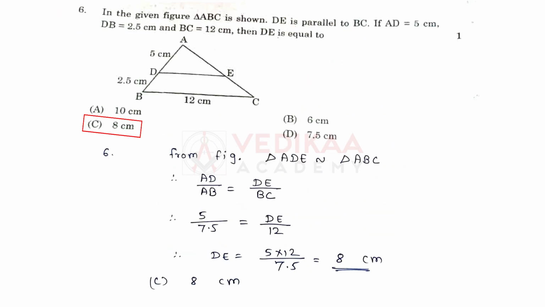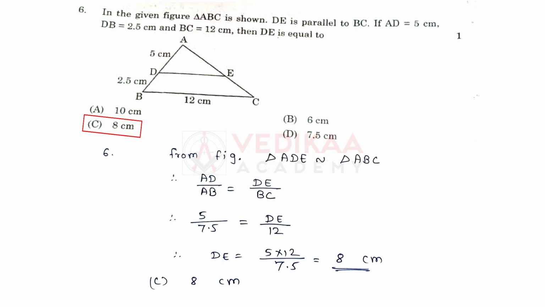Next, question number 6. One figure was given to you, and AD, DB and BC were given. It is required to calculate the length of DE. From the figure, we can easily know that triangle ADE is similar to triangle ABC. From that, you can write AD upon AB is equal to DE upon BC.